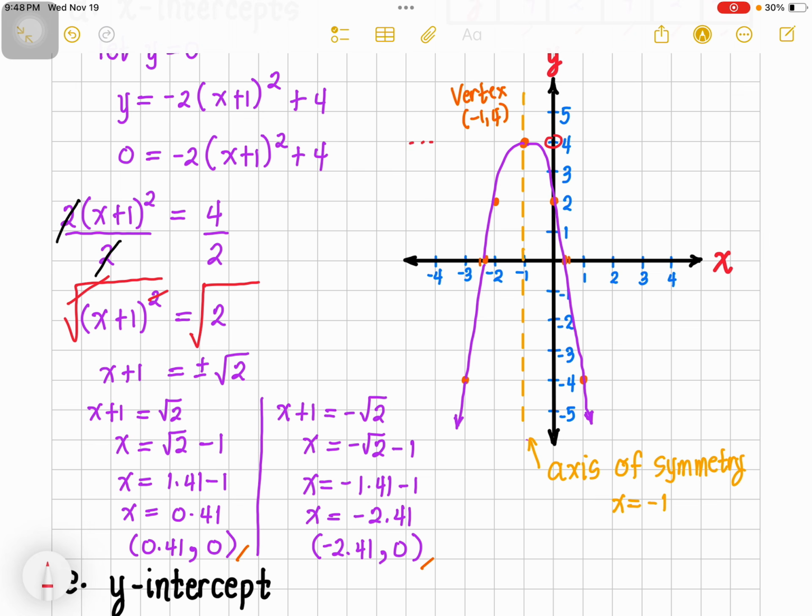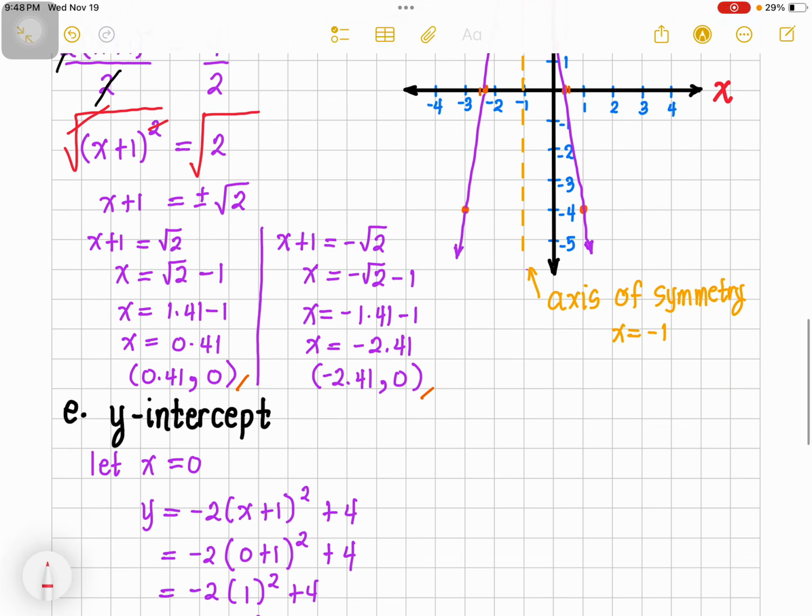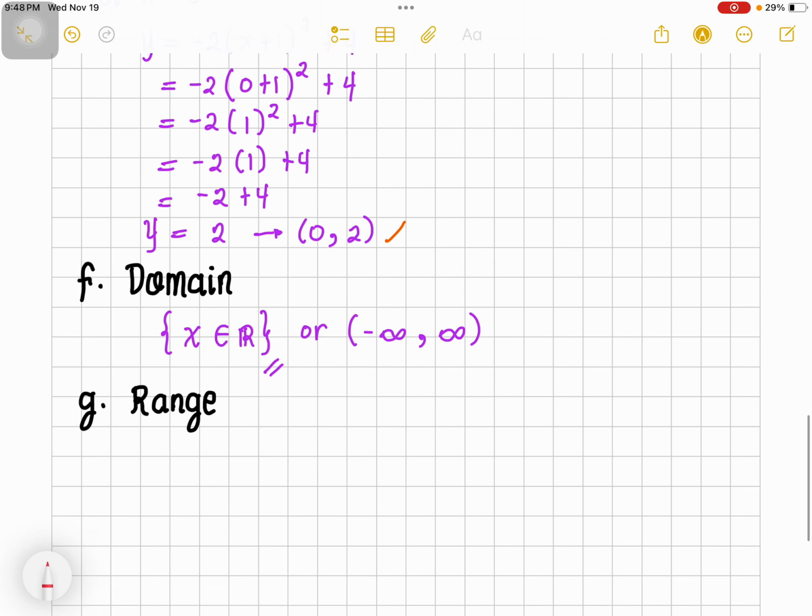So ibig sabihin, hindi tayo pwedeng lumagpas doon. So as the parabola opens downward, so the value of y or range can be any value less than or equal to 4. Okay, so therefore, ang ating range dito is y is less than or equal to positive 4 using set builder notation.